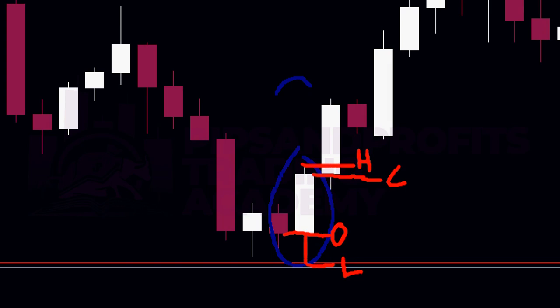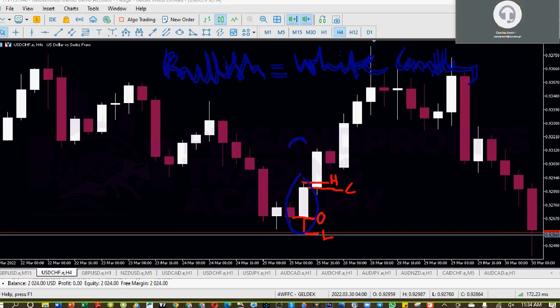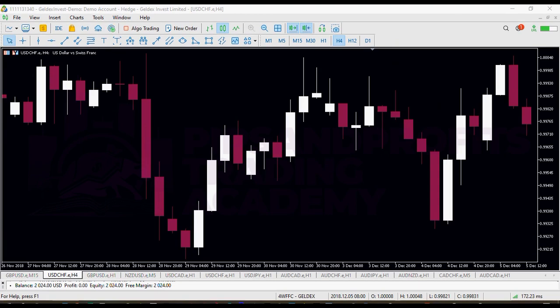And we are saying that when you take that particular candlestick very well, you are going to see that it opened over here, it made a low, it printed a high, and finally gave us the close.